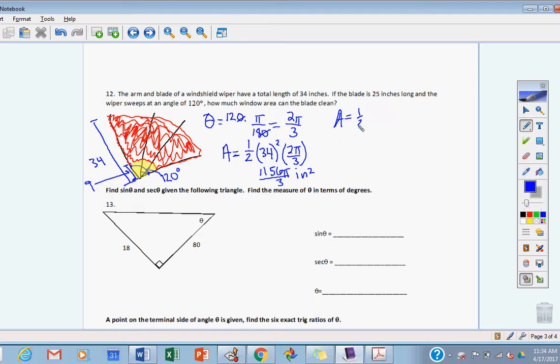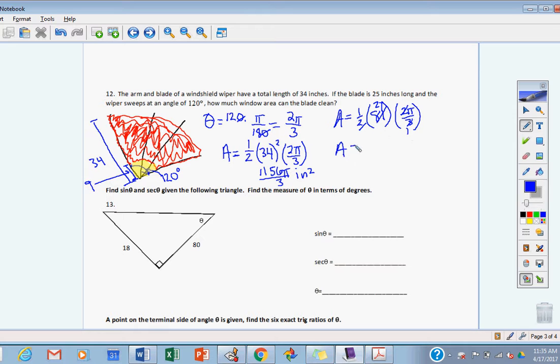So 1/2 radius squared, so this time 81. I'm just going to throw that in there because I know 9 squared is 81. And I'm still using the same central angle in radians of 2 pi over 3. I can do this in my head because 81 divided by 3 is 27 over 1, and then the 2's cancel.